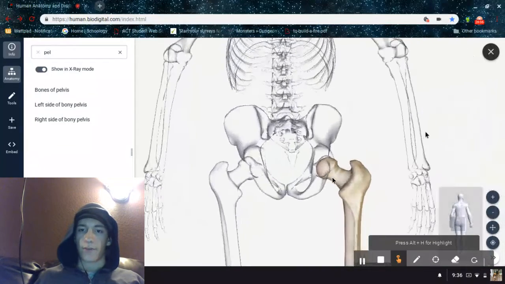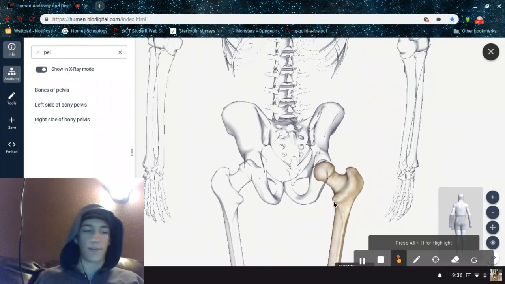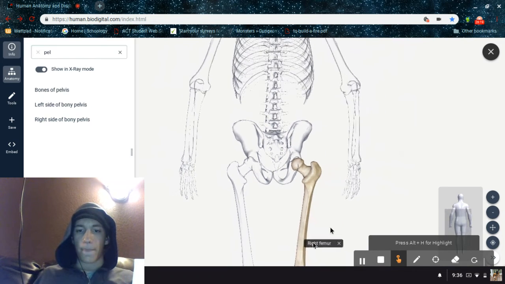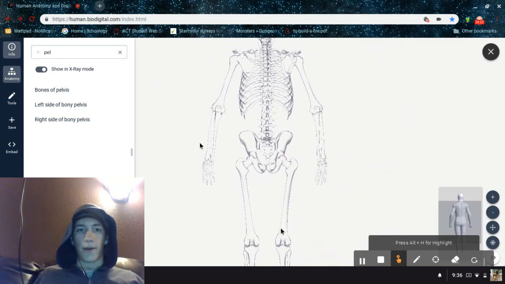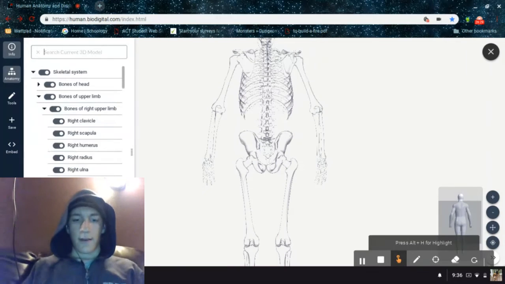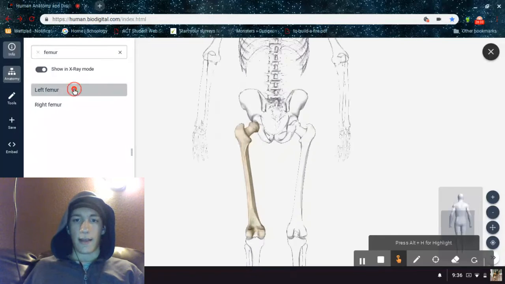Now, you have two trochanters, greater and lesser. Your greater trochanter is bigger, your lesser trochanter is smaller. Now on the other end of your femur, we're on the left femur.